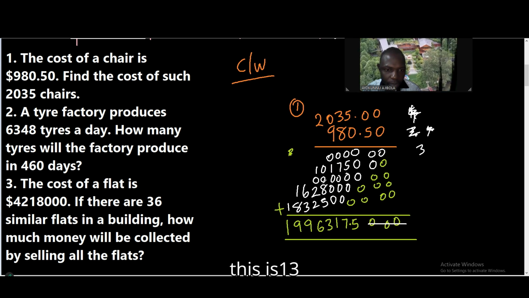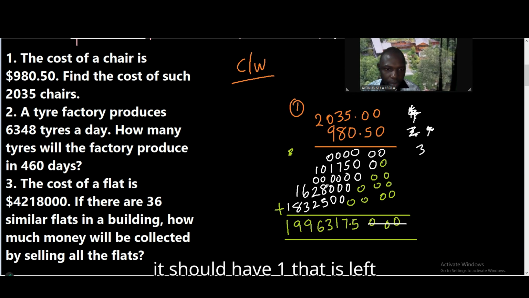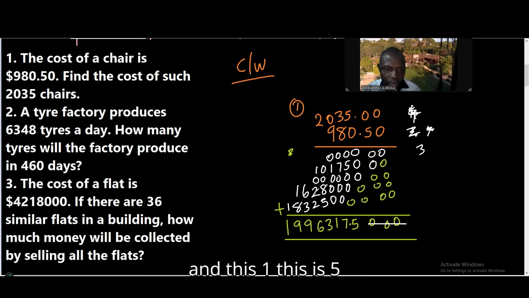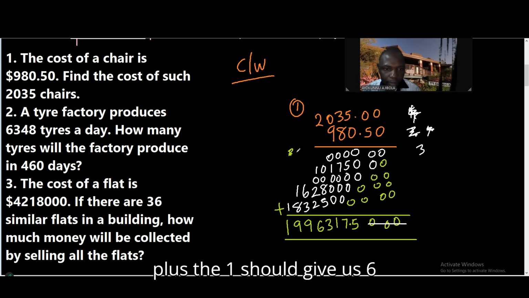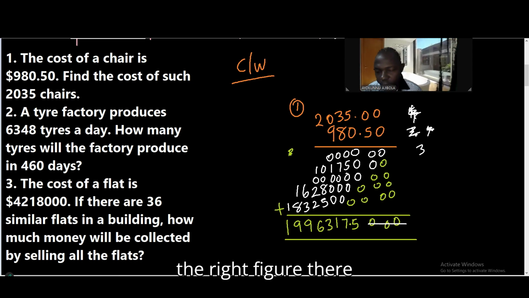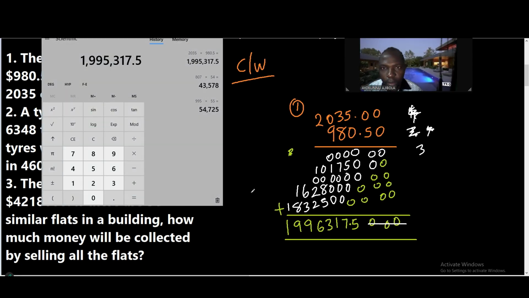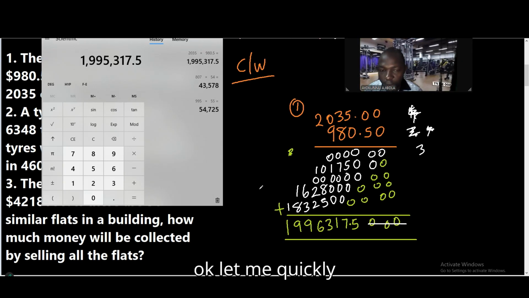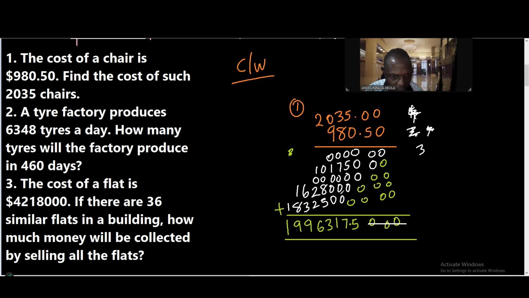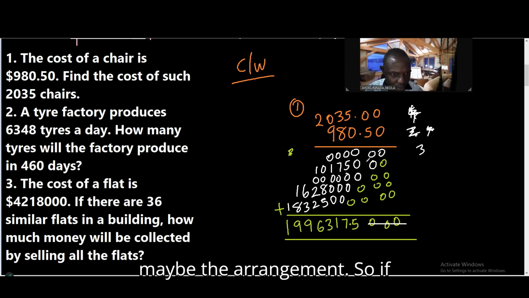This is 13. You should have 1 that is left. And this 1, this is 5 plus the 1 should give us 6. Or maybe I didn't press the right figure there. 2035 times 980.5. Okay, let me quickly go over the multiplication or maybe the arrangement.